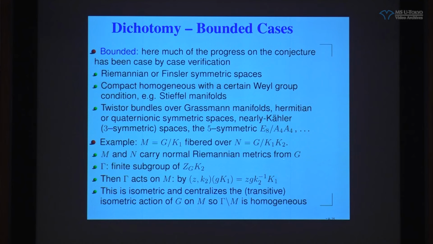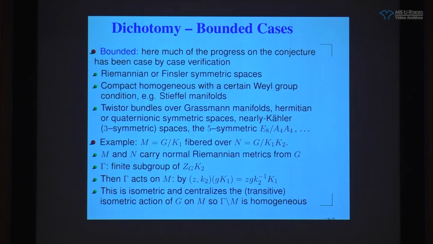And each of them, say, with normal Riemannian metrics. And gamma is a finite subgroup of the centralizer of J times K2. And then it's acting this way. And this is isometric and transitive, and so the quotient is homogeneous.